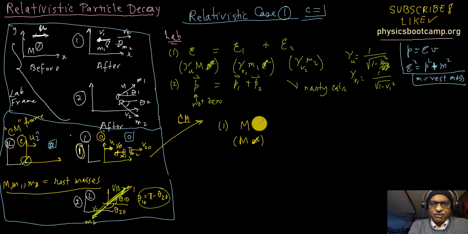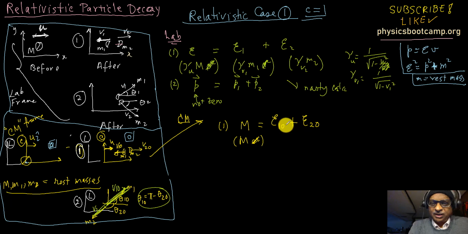Now this is just M, and then you have an E10, let's call it 0 here, just to distinguish, this is not the same as that. In this frame, what's this energy here, plus the energy of this particle.